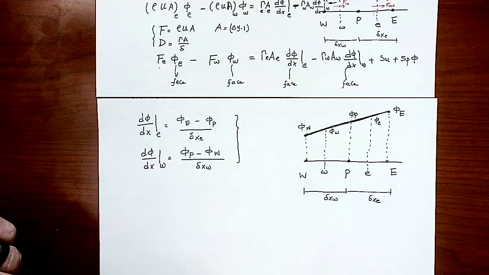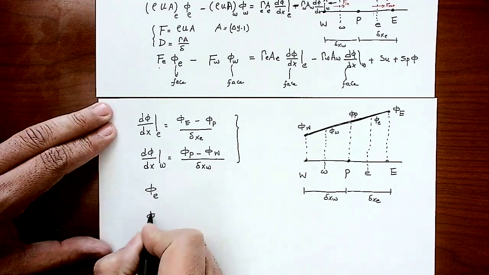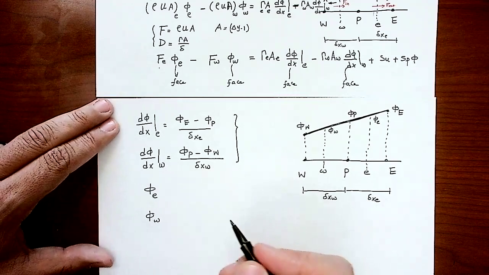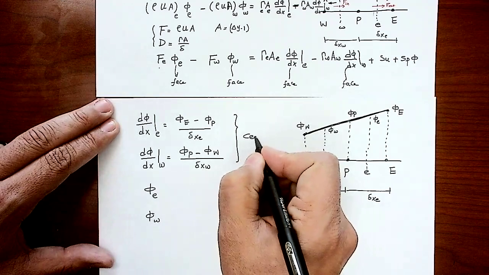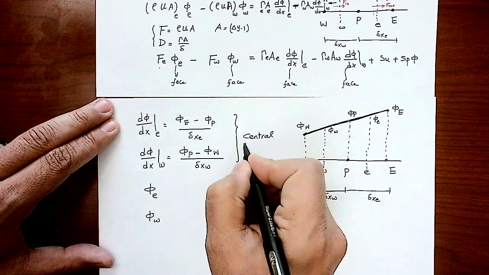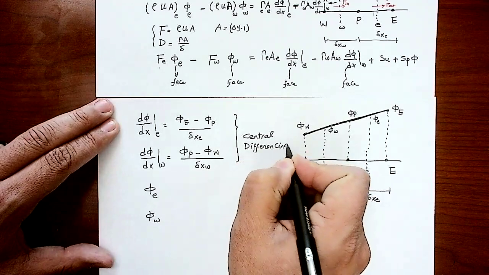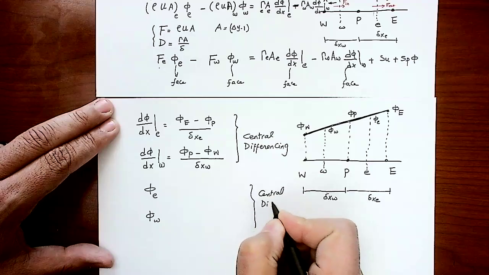That's obvious here. Now, the approximation for phi east and phi west, this is what we started last time, and we used what we also call central differencing scheme. So here we have central differencing, and we also apply central differencing scheme.